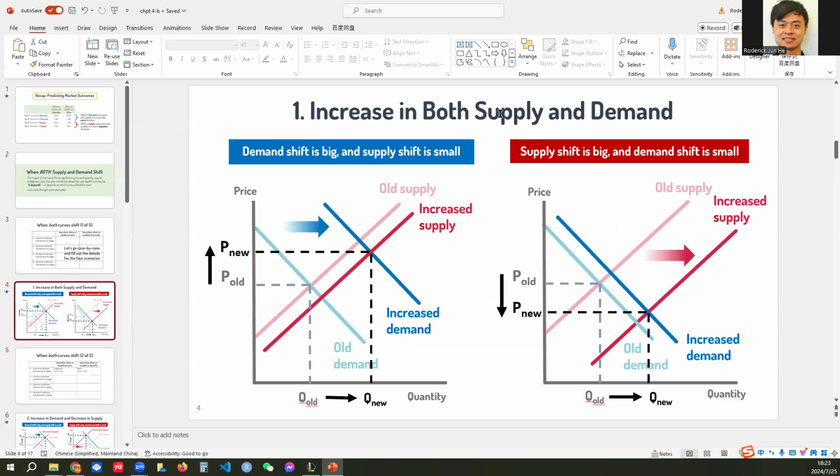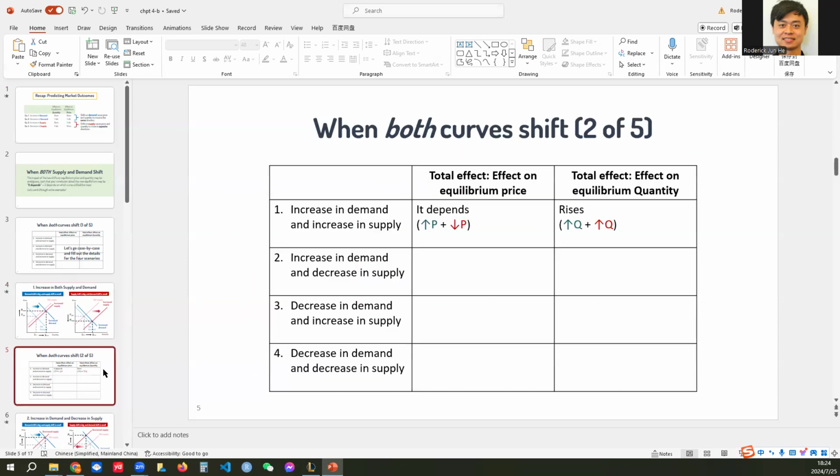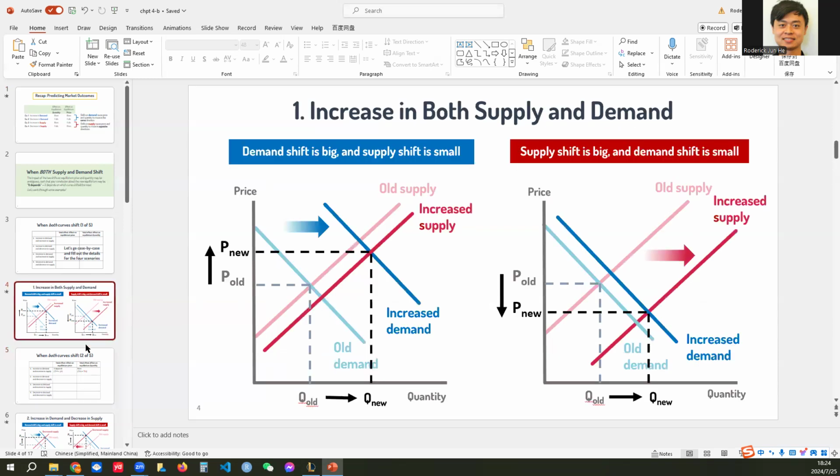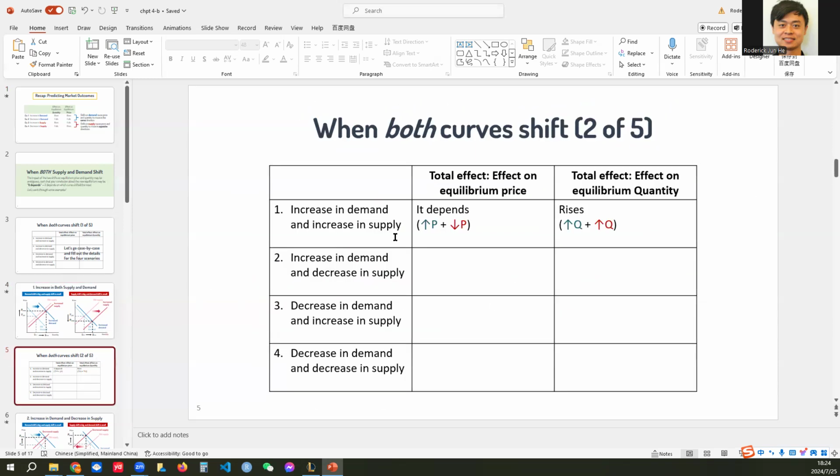The consequence of an increase in supply is quantity will increase, price will decrease. So with this, what we can do is first write those down, right? The blue one stands for the consequence of changing demand, and the red one is the consequence of changing supply.